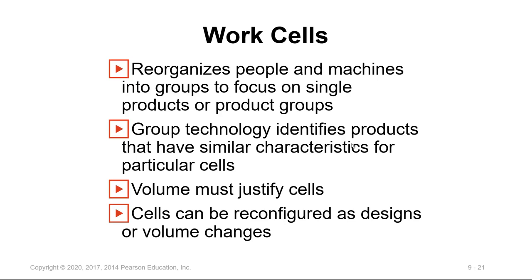Otherwise, I will not be able to justify the cost for the equipment, the tools, and the people who will work in that cell. So most likely I will have a group of items that will go through that cell, and they will have similar characteristics, so we can process them the same way. And that's why we have a work cell just for that, focused on that job or that product.